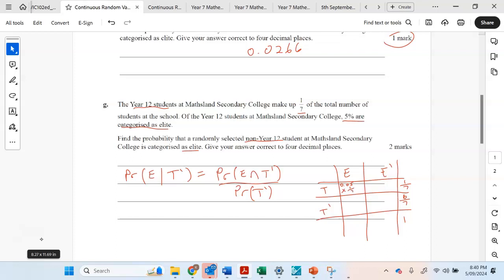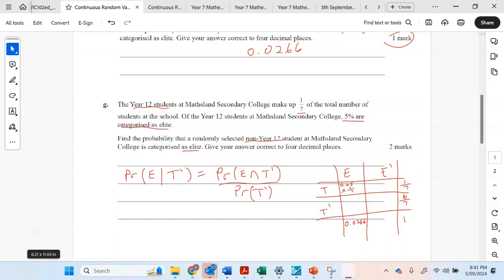But if you're wanting to know what goes in that spot, it's just 5% of the Year 12 students. So it can't be 5%. And if we did that, you will notice that your numbers don't work anyway. And then the proportion who are elite is from the previous question, 0.0266. Now, and we'll use all those decimal places.